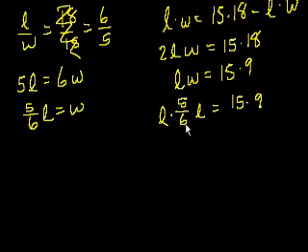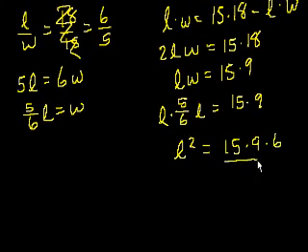And let's multiply both sides by 6 over 5. And so you would get L squared is equal to 15 times 9 times 6 over 5 times 6 over 5. So we could do this little simplification. This becomes 3. This becomes 1.